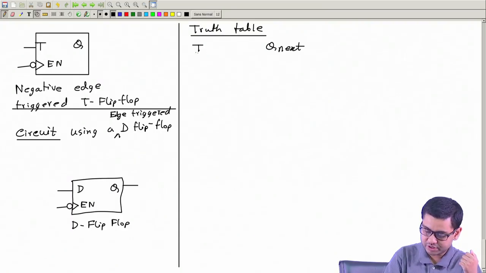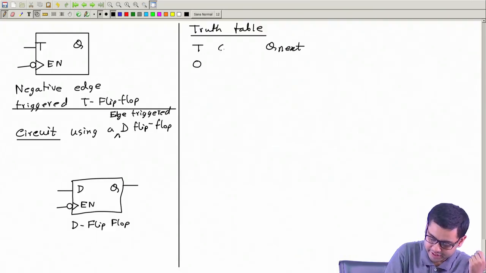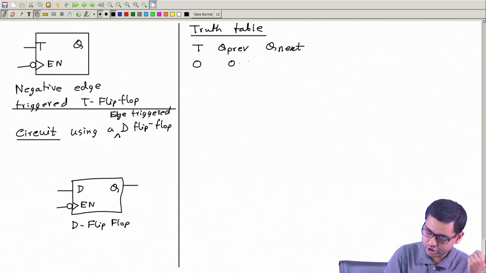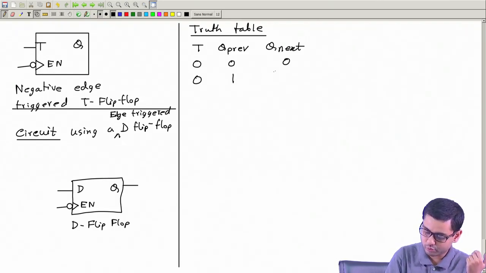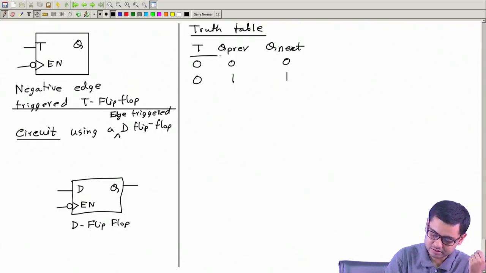So this is input, this is output. Now if T equal to 0, output will be same as Q previous. Let me also write Q previous. If Q previous is 0, Q next will also be 0. And if Q previous is 1, Q next will also be 1.